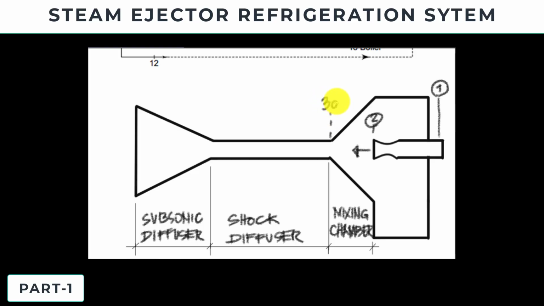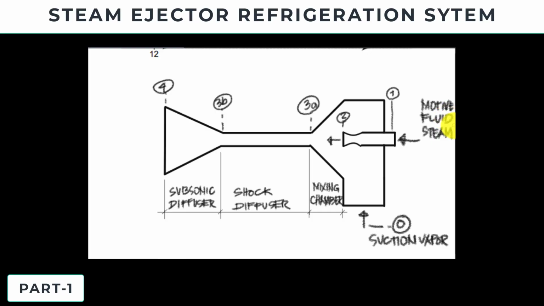I'm going to call this one 3A, since we have a constant area from 3A going to 3B. So the area at point 3A is the same as point 3B. Then lastly, we have point 4, which is the diffuser.